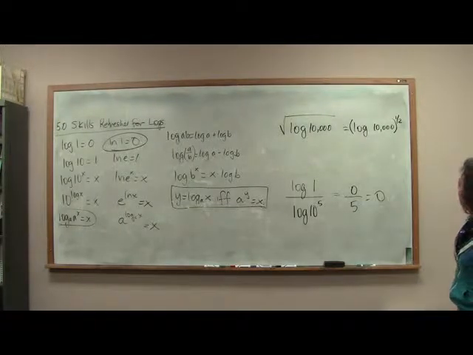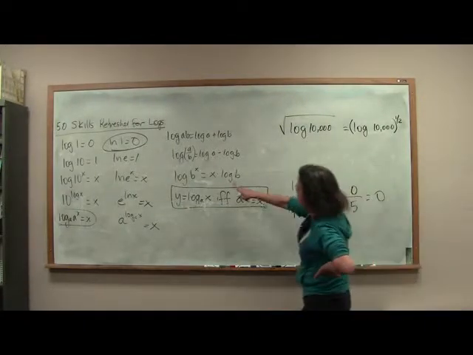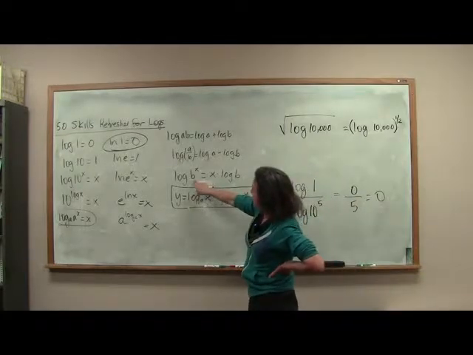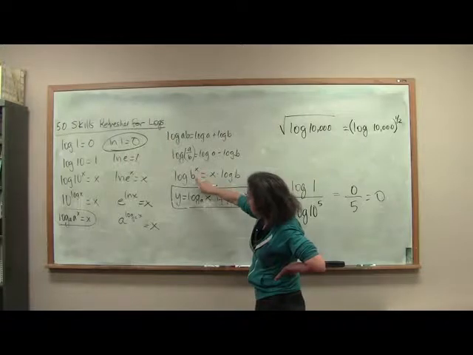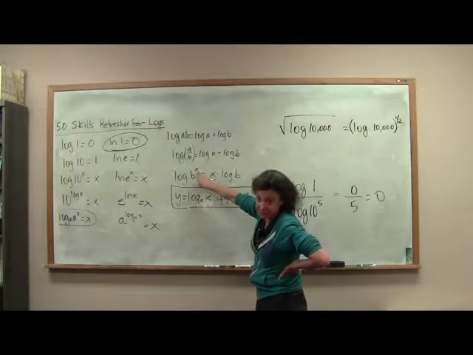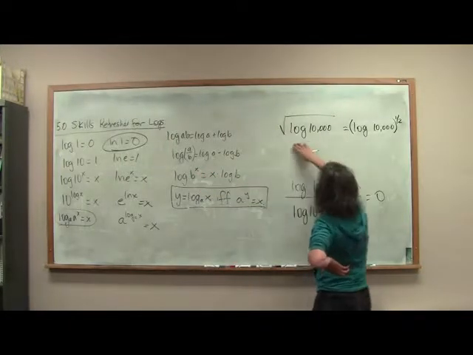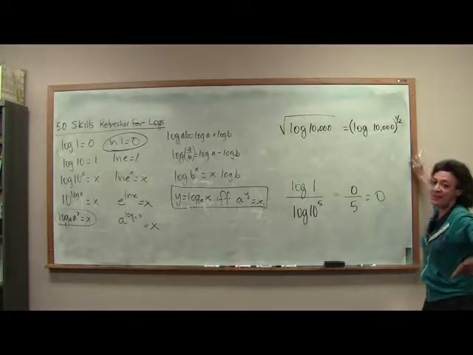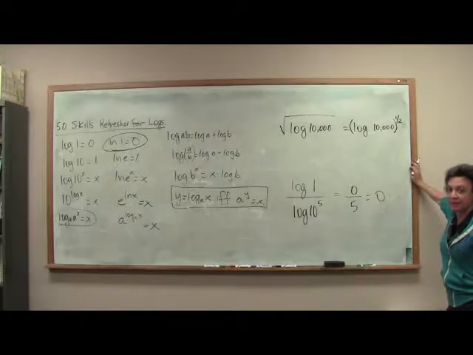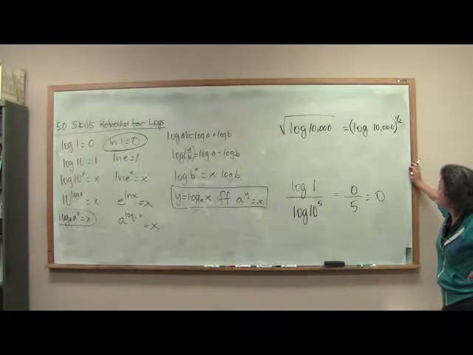Now, this isn't quite the same as saying this property here, because with this property, what you're taking the log of is raised to the exponent. Notice here, this whole exponent applies to everything in parentheses. So, let's ask ourselves if we can simplify what's inside.